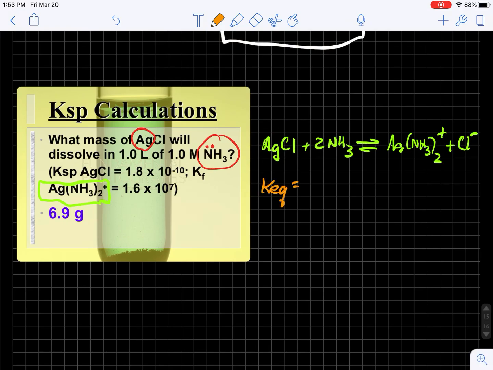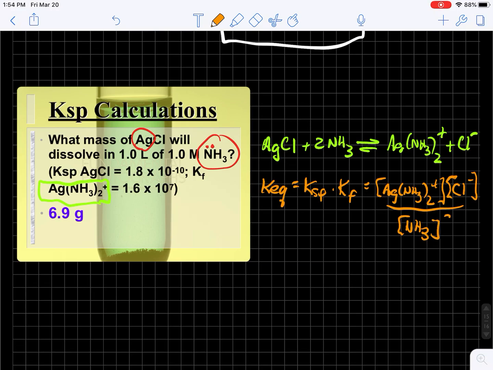And so this is just a KEQ problem after that. We can say KEQ for this reaction is equal to KSP times KF, and that's also equal to the complex times chloride over ammonia squared, products over reactants. And the issue with this is that when we do KSP times KF, it comes out to be a number that's really close to our original concentration.